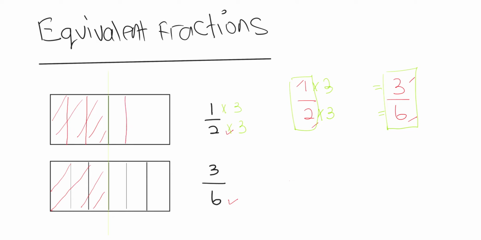You see now the entire block has been divided into 6 equal parts because each part I multiplied by 3. And the part that you got, one part, also multiplied by 3. So now that one single part has become 3 smaller parts, which is the same as 3 over 6. Can you see? So that is what you need to know about equivalent fractions.